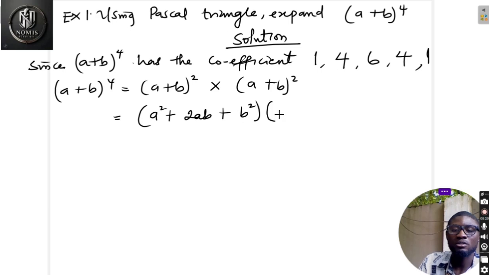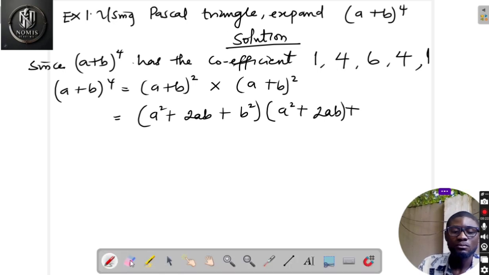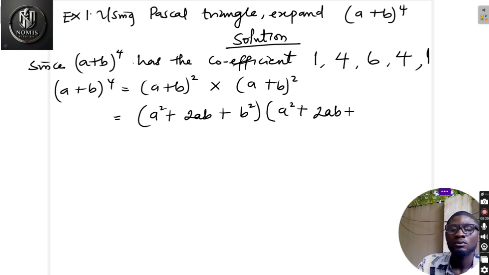Now multiplying a squared plus 2ab plus b squared by itself. By the time you put them together, a squared multiplied by a squared gives a raised to the power of 4.